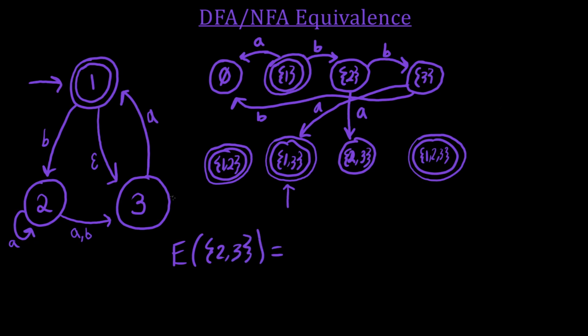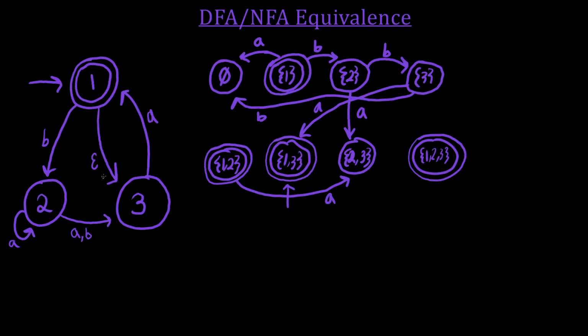And it looks like there are no epsilon transitions to 1 from 2 or 3, so the epsilon closure will simply contain 2 and 3. Great. So on the state 1, 2, we transition to the state 2, 3 on the character A.